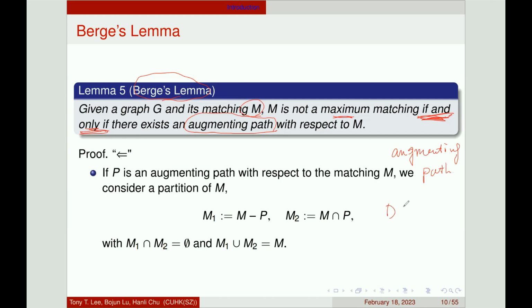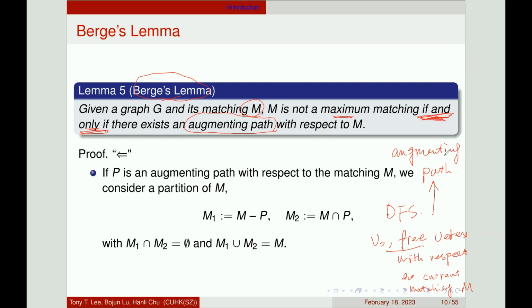So in our DFS work, we start from some node, denoted as V0, which is a free vertex with respect to the current matching M. We start from this, and we want to search for an augmenting path as well.